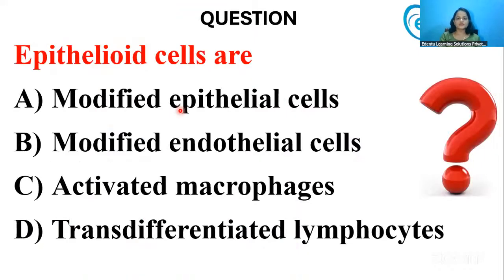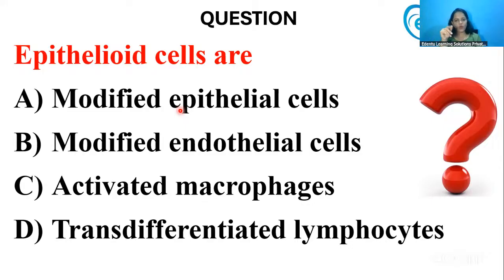Next question, it is again related to chronic inflammation. What are these epithelioid cells? Are they modified epithelial cells, modified endothelial cells, activated macrophages, or transdifferentiated lymphocytes? Look at the name, epithelioid.